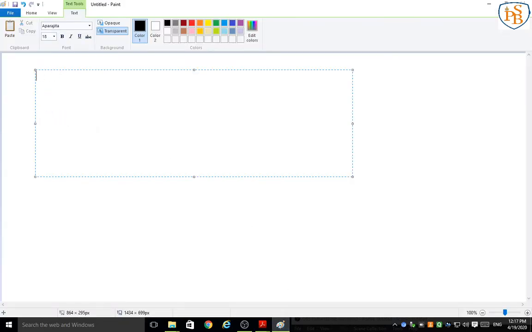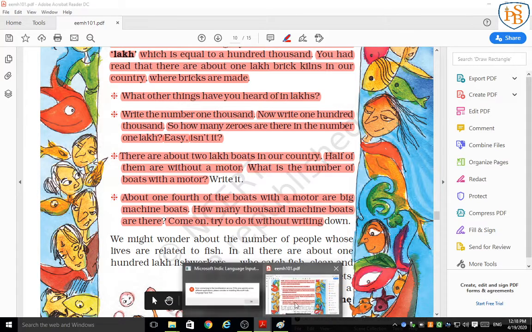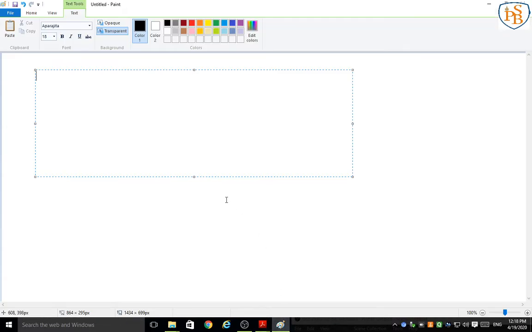First, what was our question? About 2 lakh boats in our country. So 2 lakh divided by 2 is equal to 1 lakh.